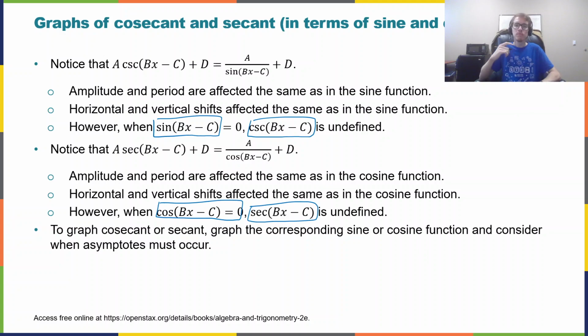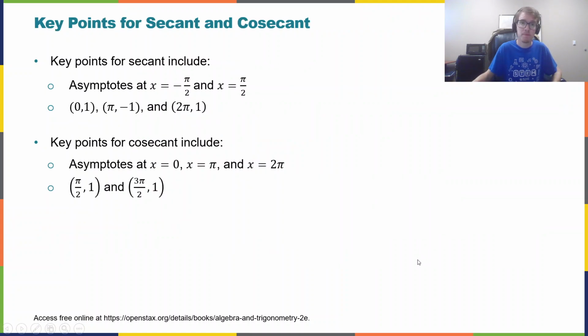So what that's going to look like is actually that when the corresponding sine or cosine is 0, we have asymptotes, and that actually turns into that when the peak of a cosine occurs, a secant has a trough, a low point whenever there's a high point. So we have this trading of characteristics. All right, so here are the key points or features that we can deal with for secant and cosecant.